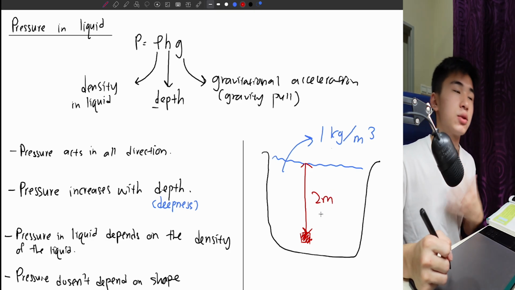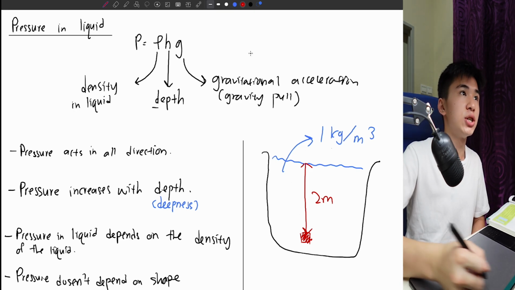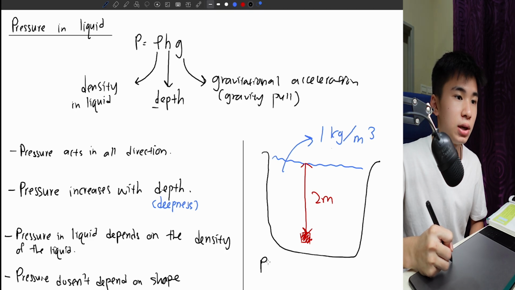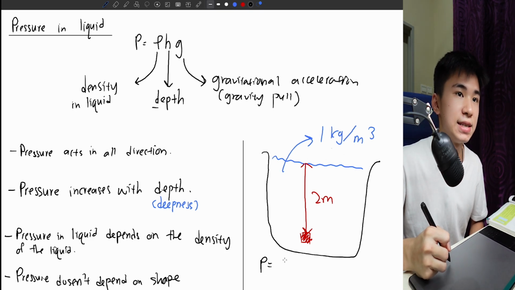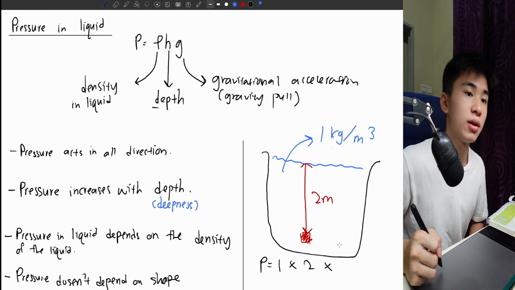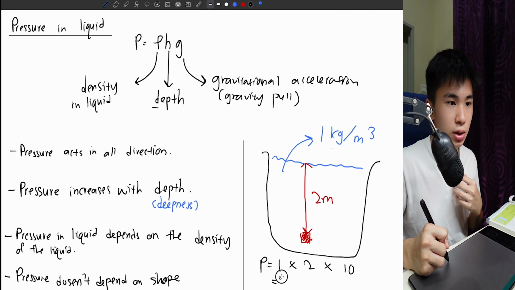By this information, I can find the pressure in liquid. So P equals the density, rho, times 1, times the depth, 2, times the gravitational acceleration on our Earth, which is 10. So 1 times 2, 2 times 10, is 20 Pascal.